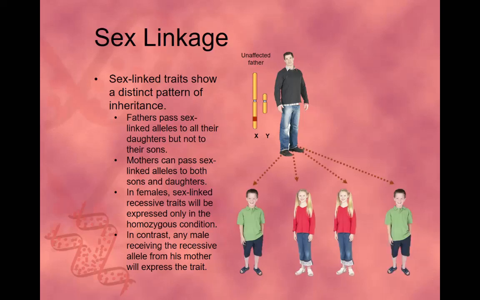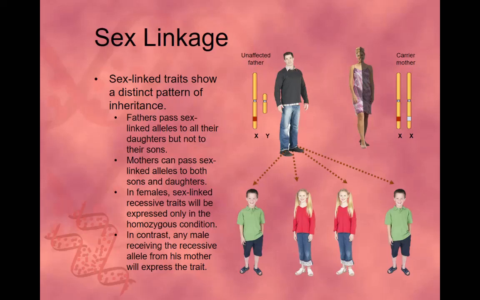All right. And he's worried about the fact that his wife has a particular disease. So let's essentially do a Punnett square for these individuals. Father with X unaffected Y and mother with X unaffected X affected. All right. She's a carrier of the disease that we're looking at.